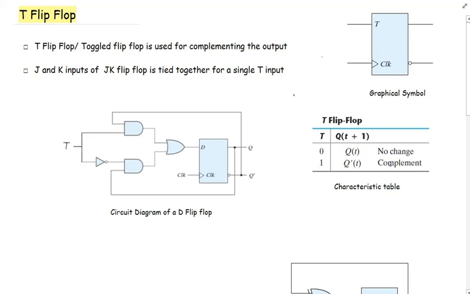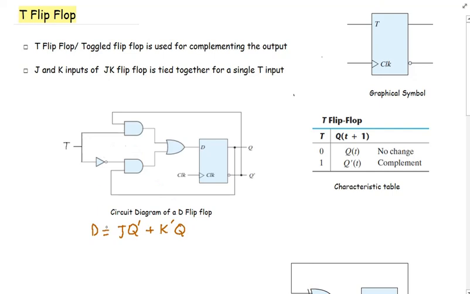As we know, the Boolean expression for the JK flip-flop was equal to JQ' plus K'Q.